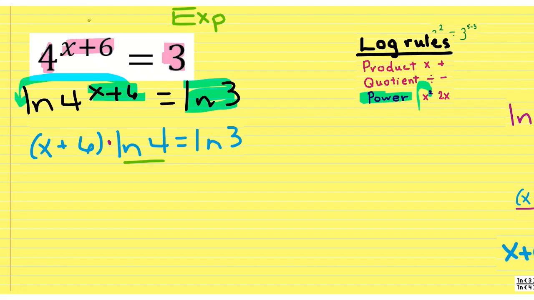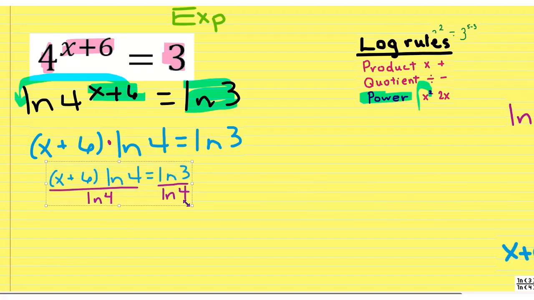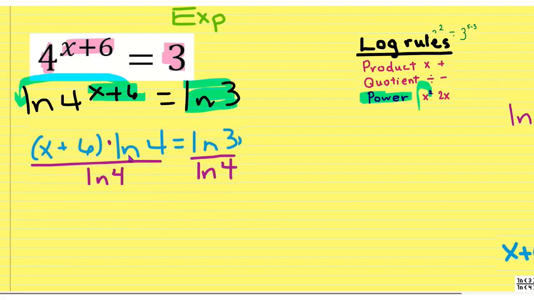That means that I can actually divide out that natural log of 4, because my goal eventually is to get that x all by itself. So just like order of operations always wants us to try to isolate our variable, we are going to try to get rid of everything we can except for the variable. So we are going to divide out the natural log of the 4.